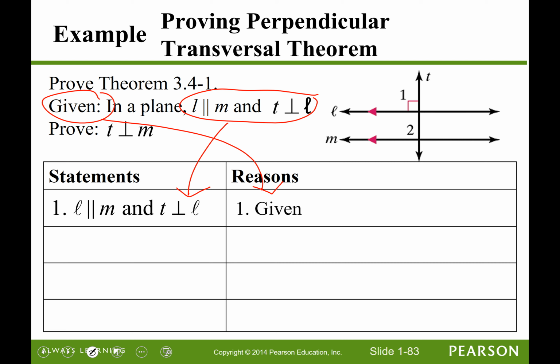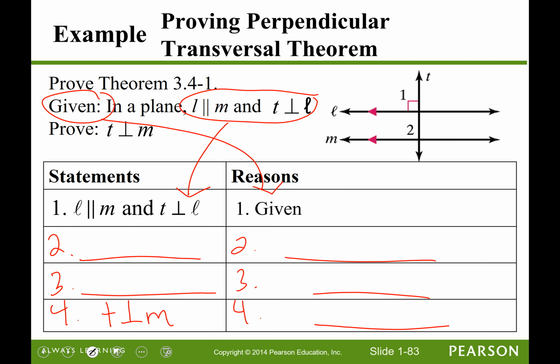Our last statement is going to be T is perpendicular to M. So we really just have five blanks to fill in: 1, 2, 3, 4, and 5. A lot better than the eight that it looked like originally. Now we need to strategize on how to get from statement 1 to statement 4.